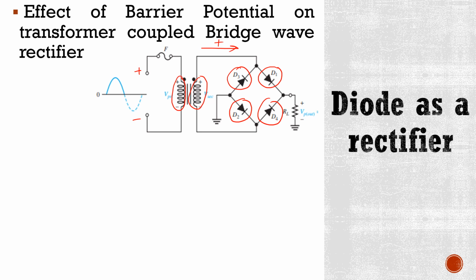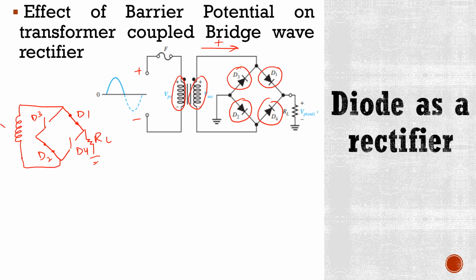So our circuit now becomes like this, where this is D1, this is D2, this is D3, this is D4, and here we have load resistor RL, and this is our secondary coil.